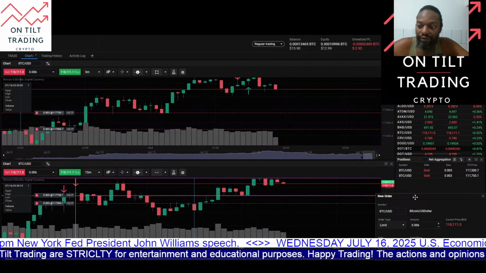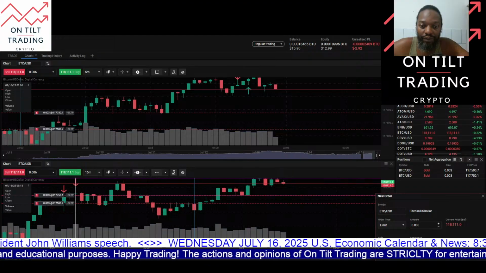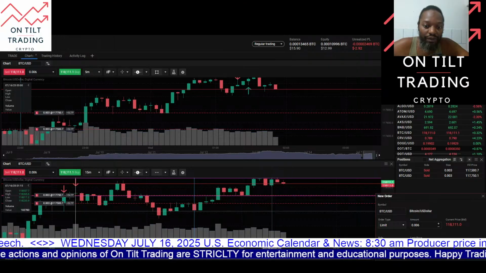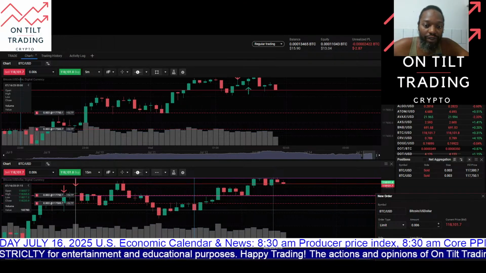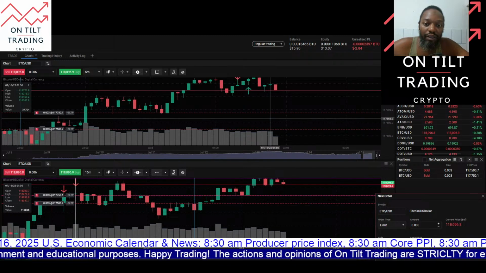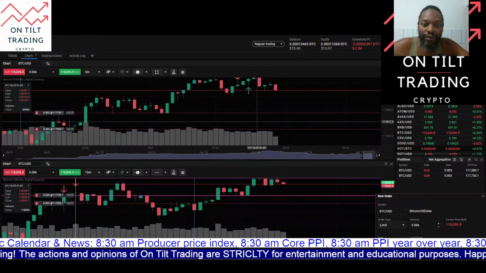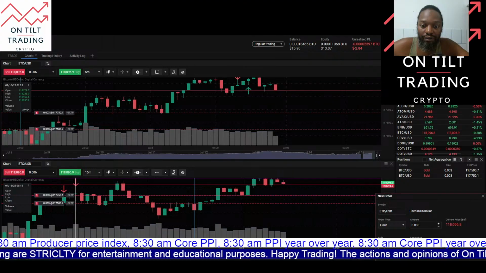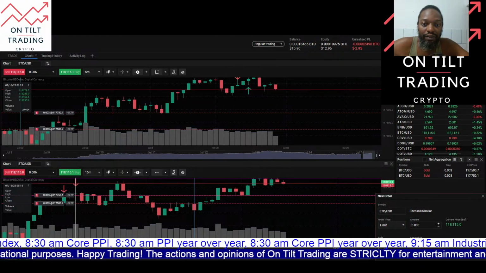Also see this level here on the 15-minute. So if this closure does come in below here, we're looking at a market structure shift. Potentially this level here is in conjunction with this level here.